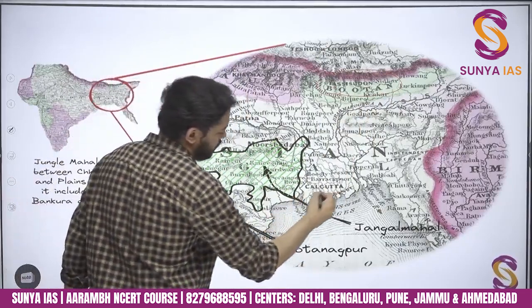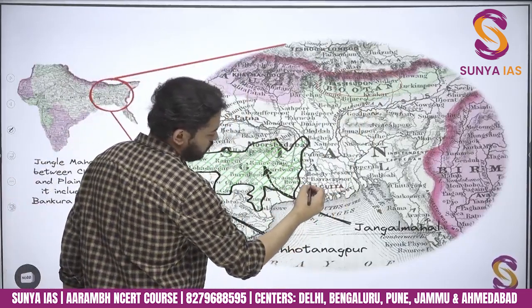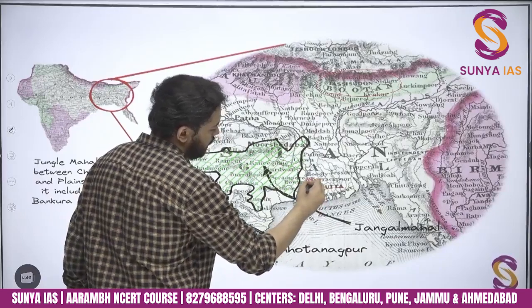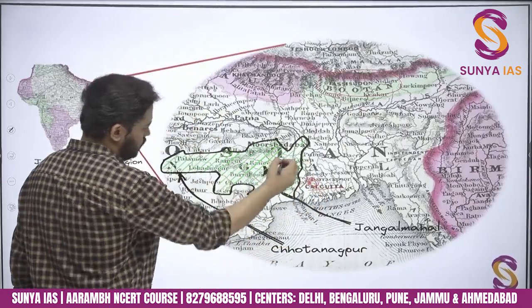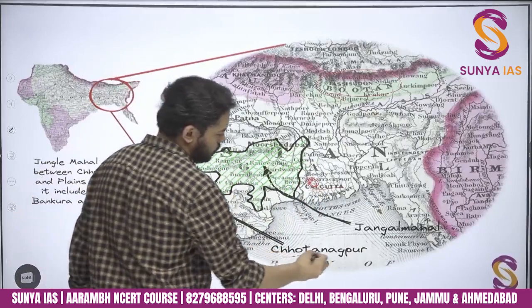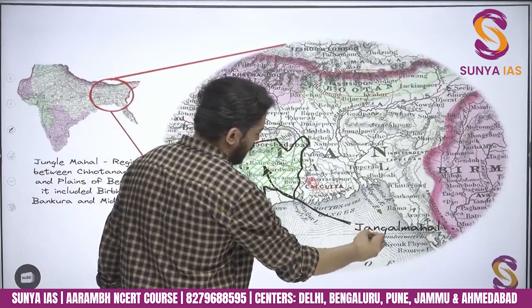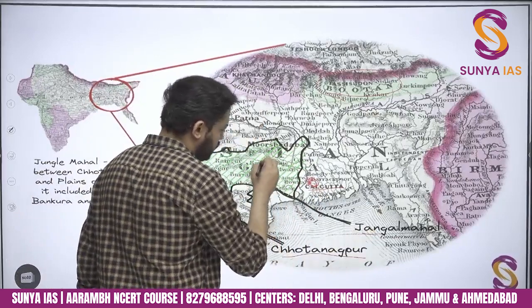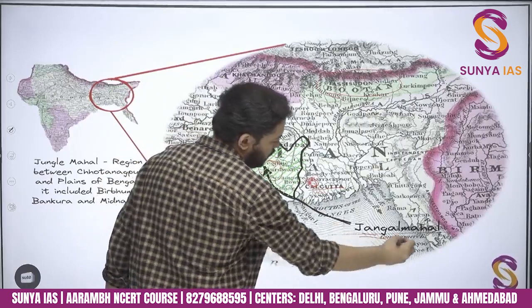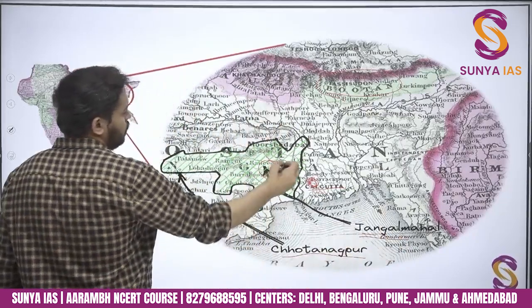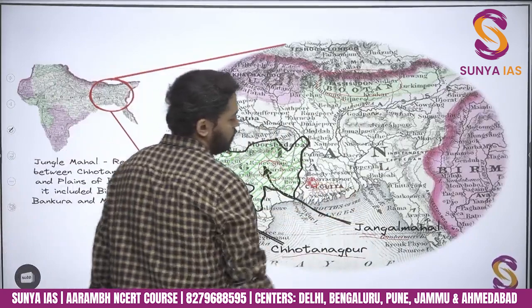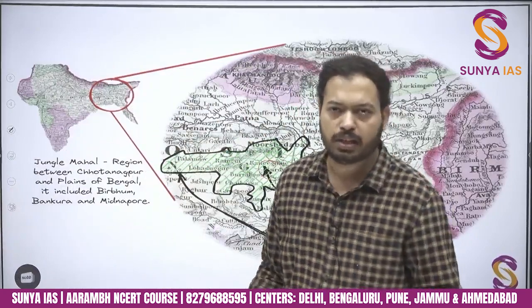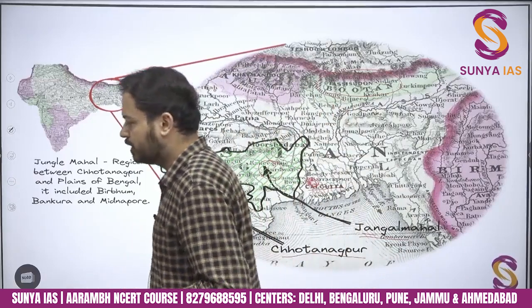This is your Calcutta, and just next to Calcutta, this whole green shaded region is basically the Chota Nagpur Plateau. Inside it, this area is called Jungle Mahal. So very close to Calcutta, which was the seat of the East India Company, these people used to live, and there were two.